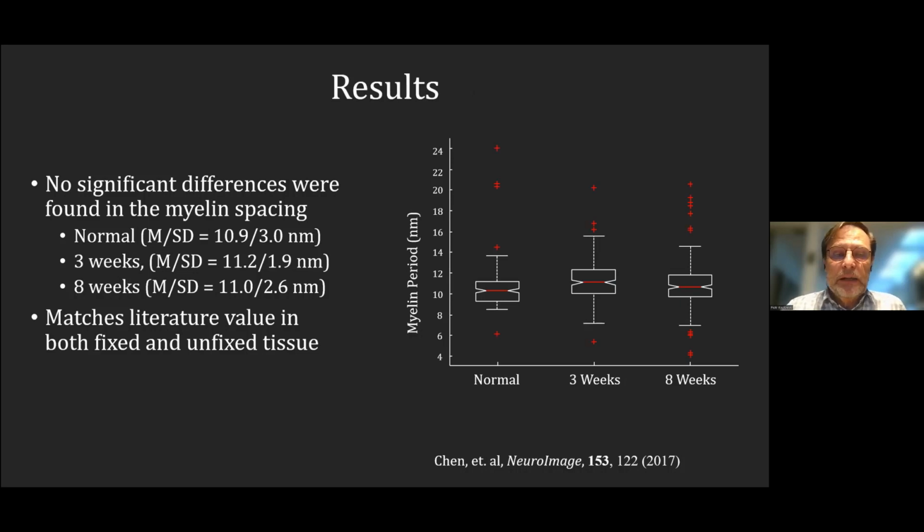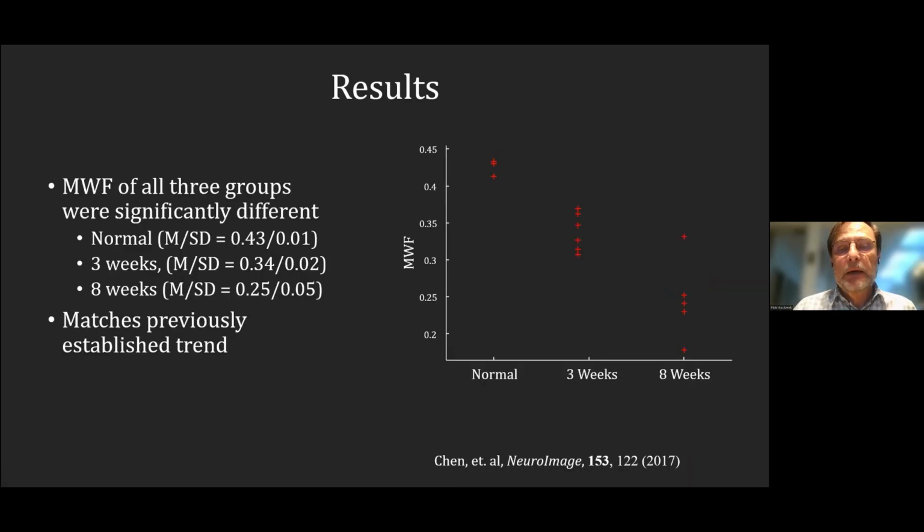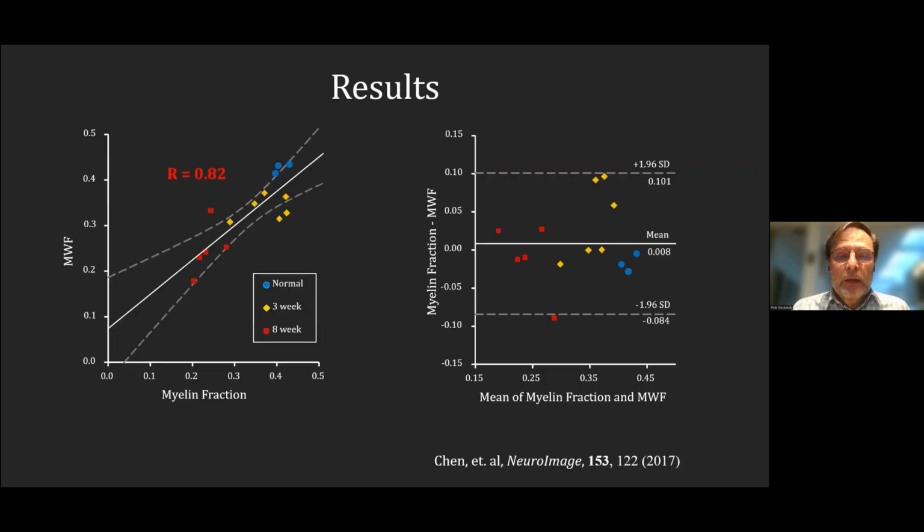So when we look at the results, there was essentially no difference in the actual value of the myelin period. And with regards to the myelin water fraction, we saw a decrease from the normal to the 3 weeks and to 8 weeks. And the MRI results correlated very nicely with the results from the electron microscopy.